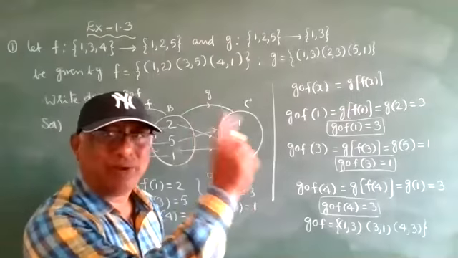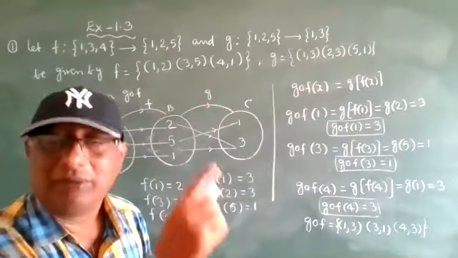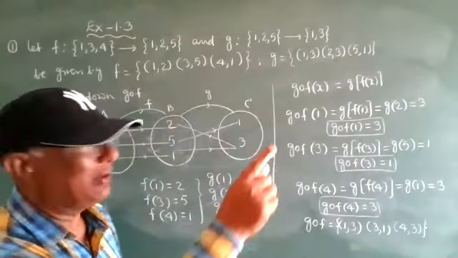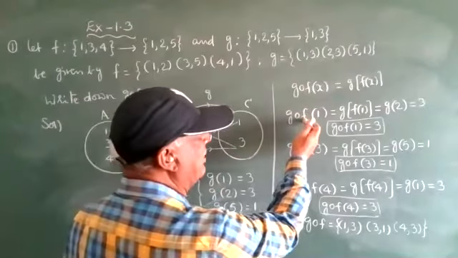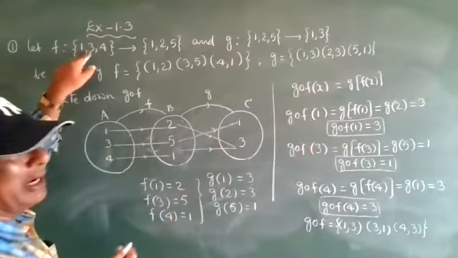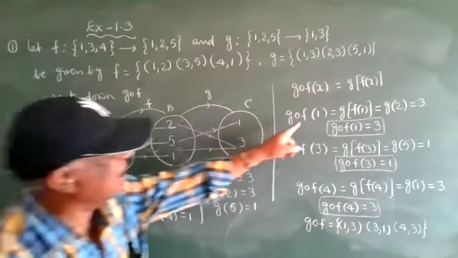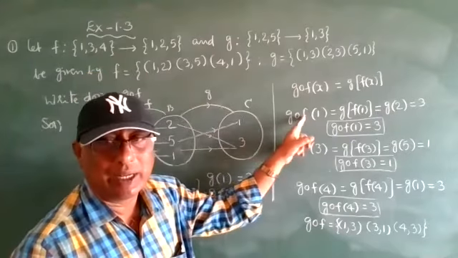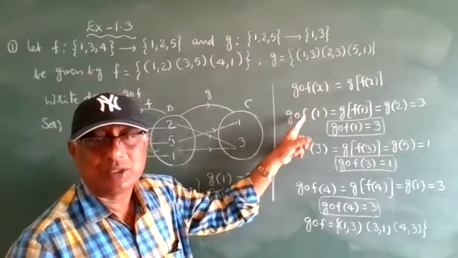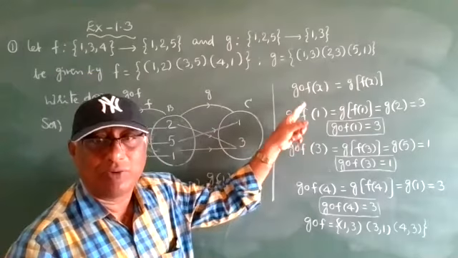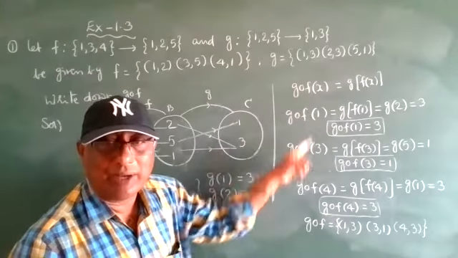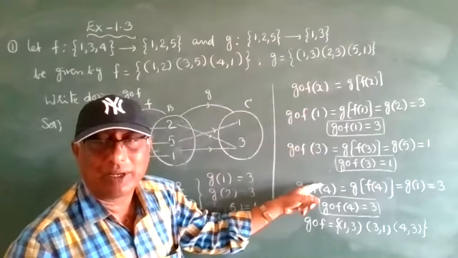G circle F at X means G of bracket of F of X. F is the first, so only the F domain we can take. Therefore, F domain elements 1, 3, 4 I will take.